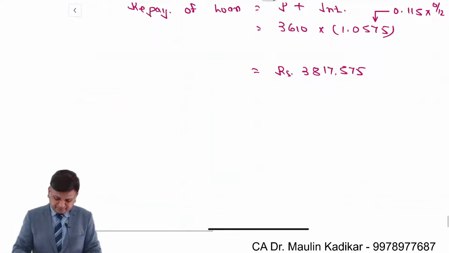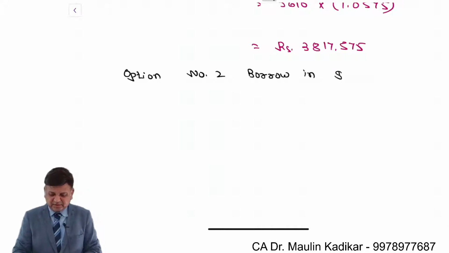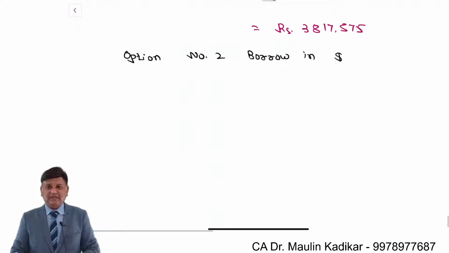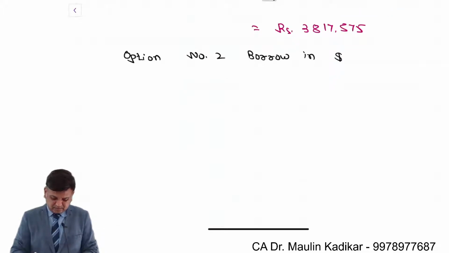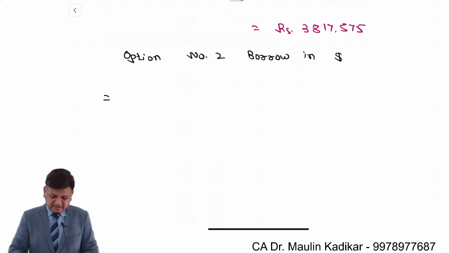Option number 2. Borrow in dollar currency. So in that case, directly we can make the calculation.